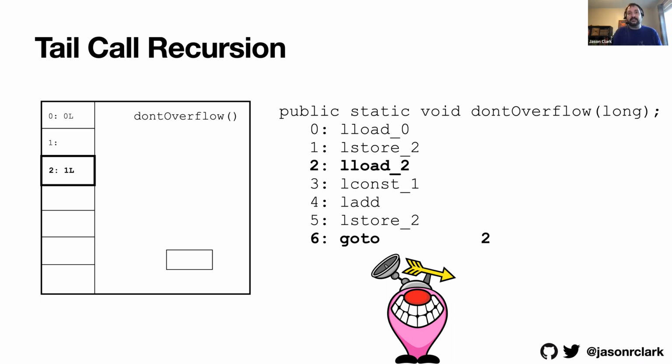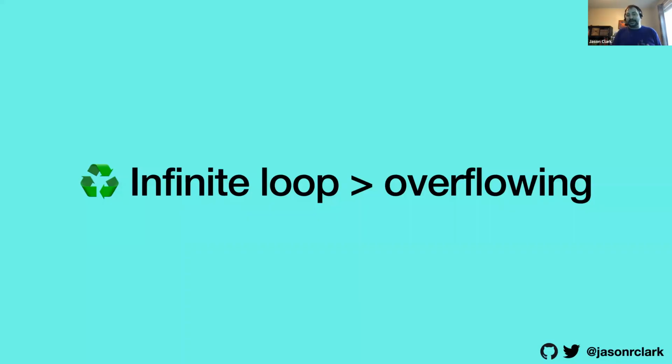In this case, infinite looping here is better than overflowing. This is going to block forever, which is not awesome for real code, but in our terms, we avoided that Stack Overflow exception.